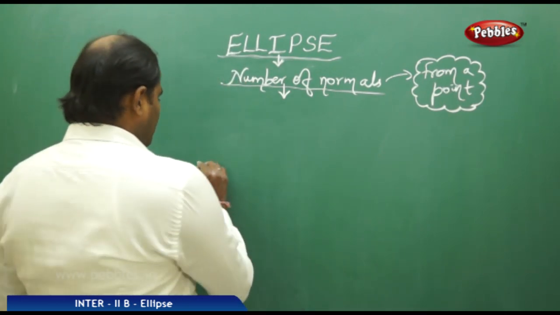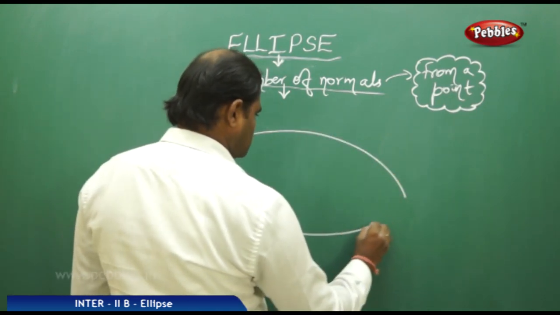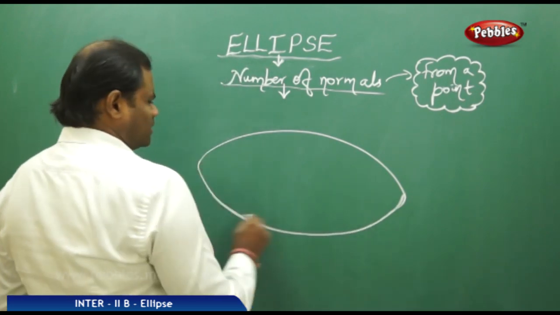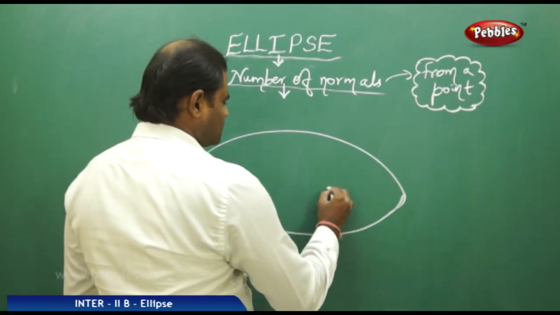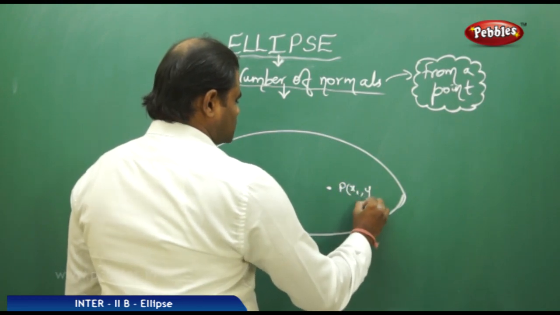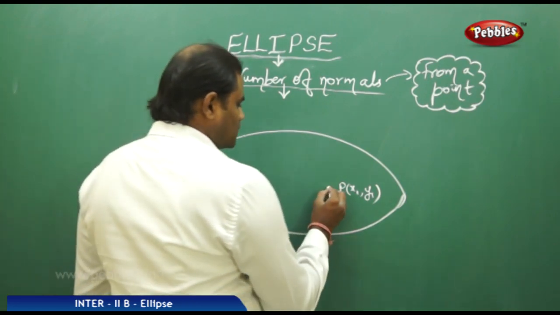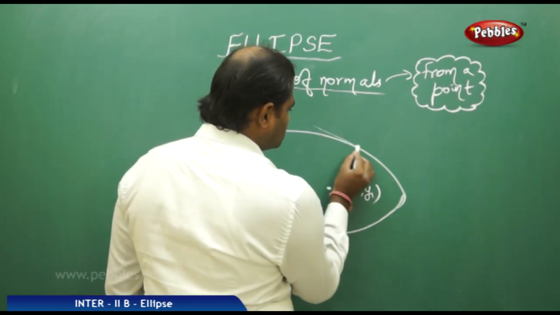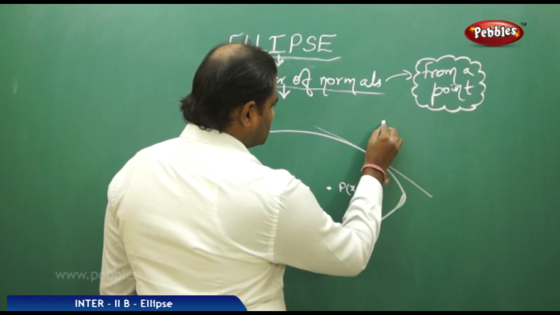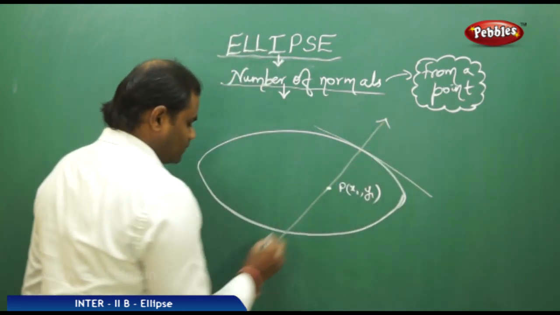So for example, I have an ellipse out here, and if I have a point P(x1, y1), then at the most there are 4 normals, as there are tangents which pass through one point.